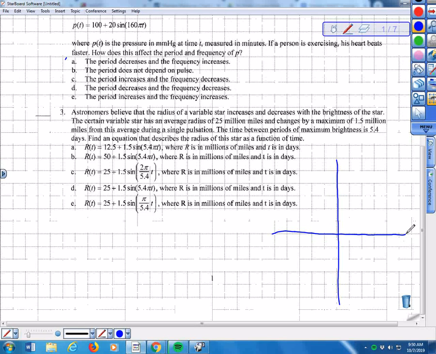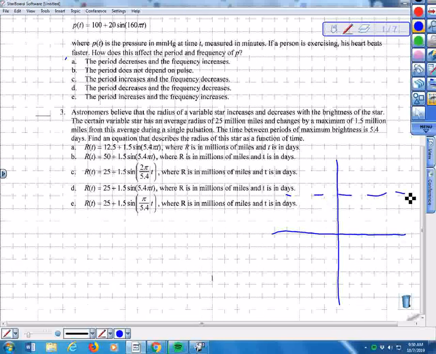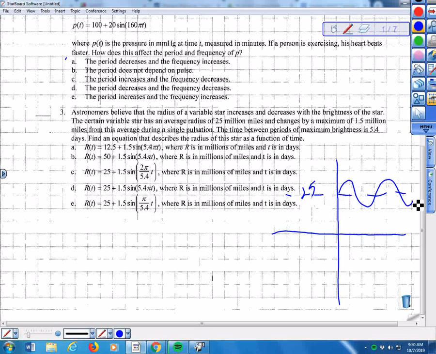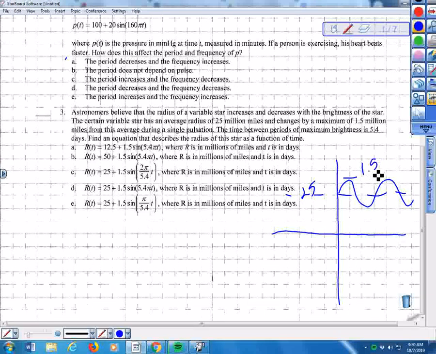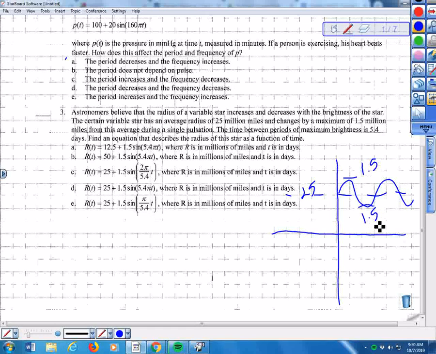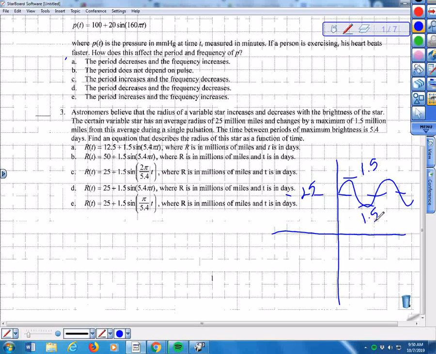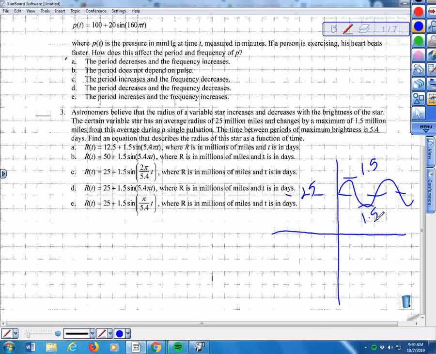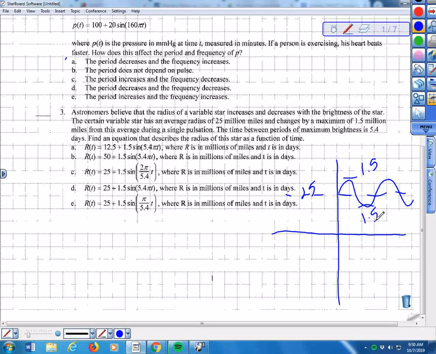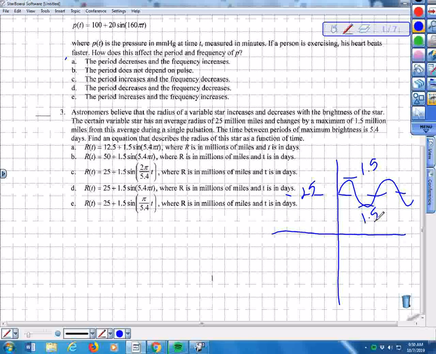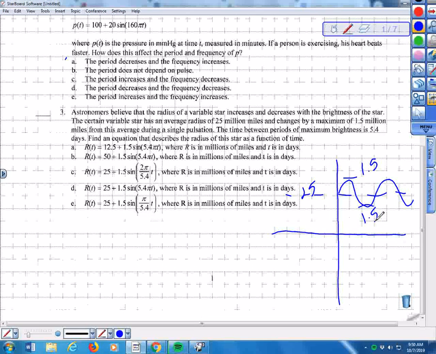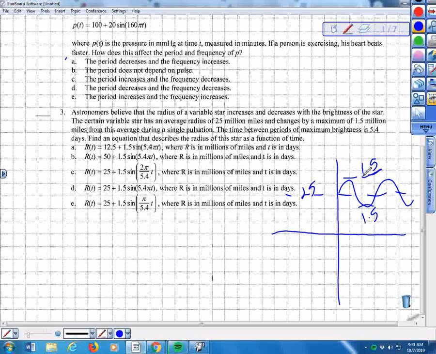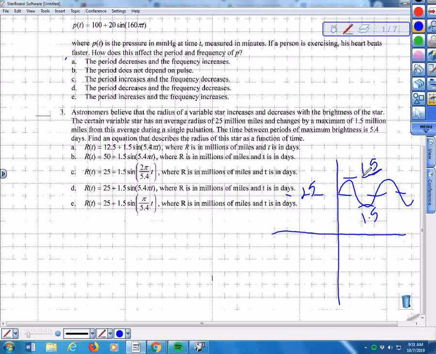So I'm going to be at 25 here, and I think my function is going to be like this, where this is 1.5. Because its radius is at 25, and it pulsates, it changes 1.5 from that radius. And so this tells me the vertical shift. This tells me my amplitude. Does that logic follow? Make sense? Okay.